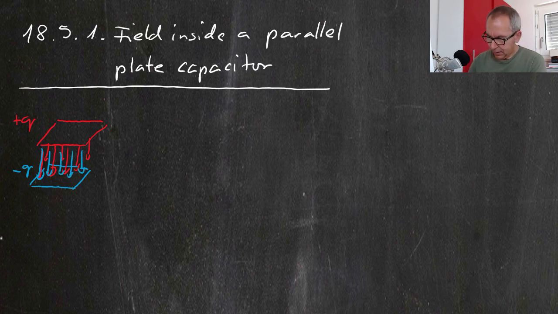What is the electric field of the top plate? Well, it is sigma over epsilon 0. Sigma is charge over area. We have to be careful, the charge is on both sides of the plate, so it is just 1/2 of the charge divided by the area times epsilon 0. Same thing for the blue plate.